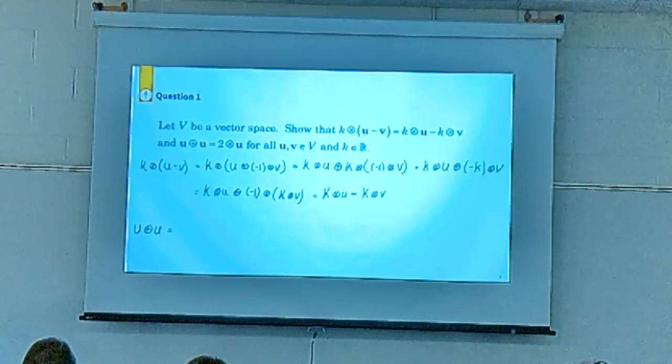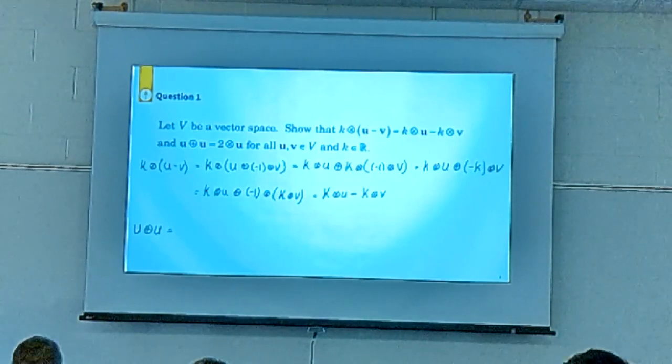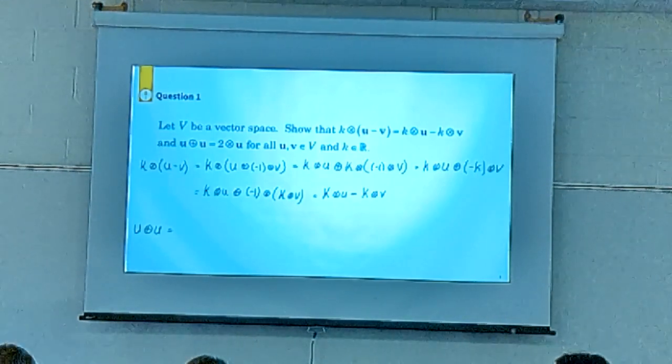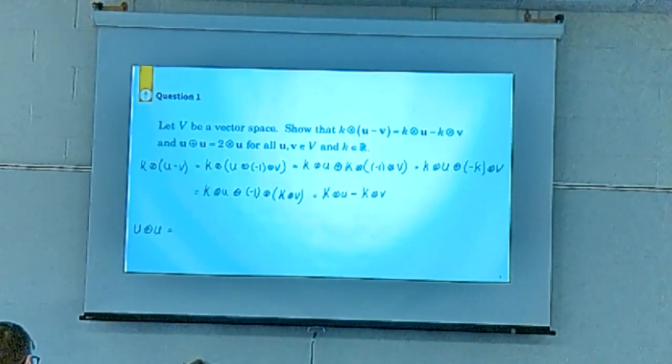No. Addition and scalar multiplication stay the same regardless of the field you're working in. The only thing that changes is where your scalars come from. That's where the field comes in. For us, we're only working with the real numbers, and keep in mind, integers are real numbers. So that will all work in exactly the same way.